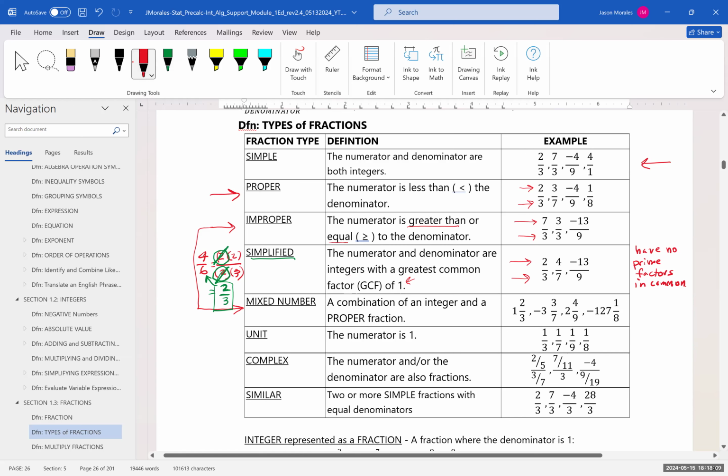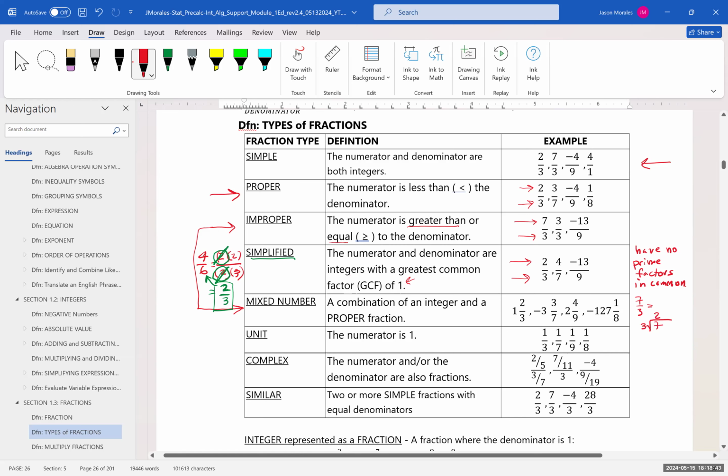All right, next we have a mixed number. A mixed number is a combination of an integer and a proper fraction. I mentioned earlier that improper means that the numerator is greater than the denominator. So for example, we had 7/3 previously, and you would say, well, this is the same as saying 7 divided by 3. How many times does 3 go into 7?